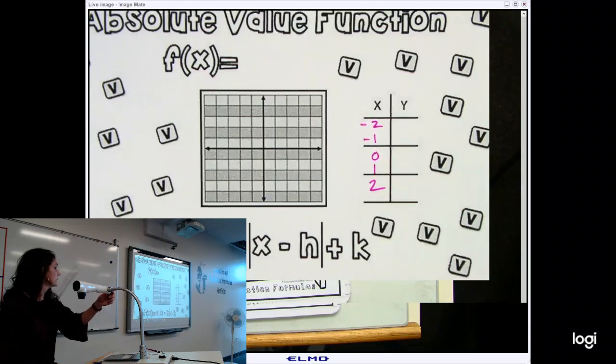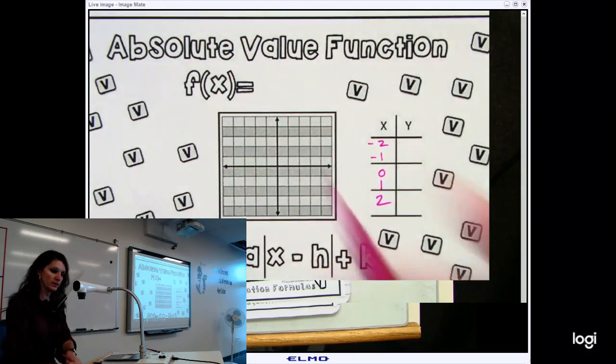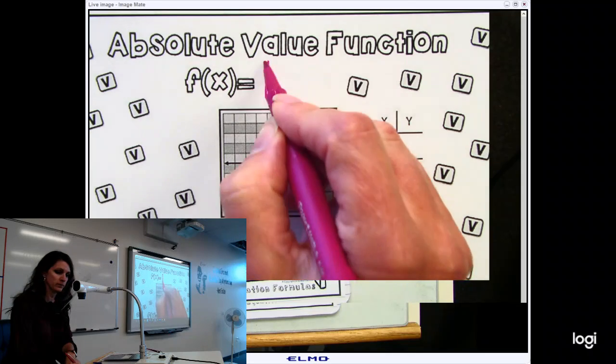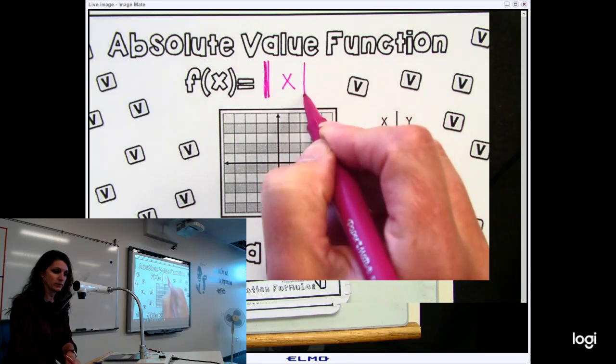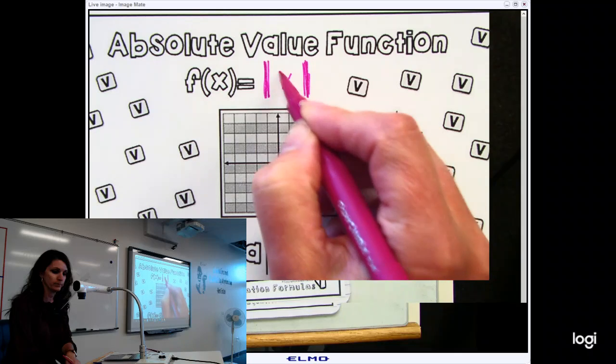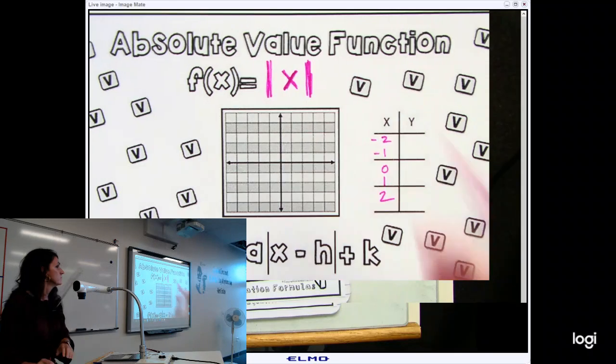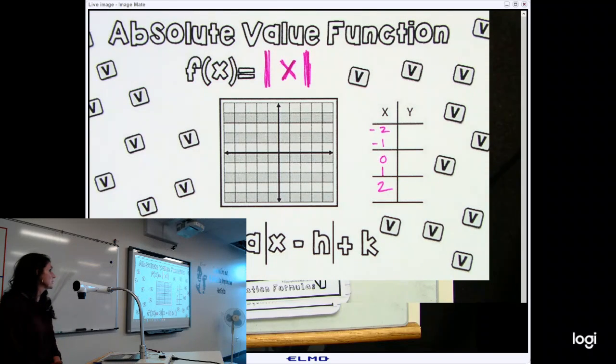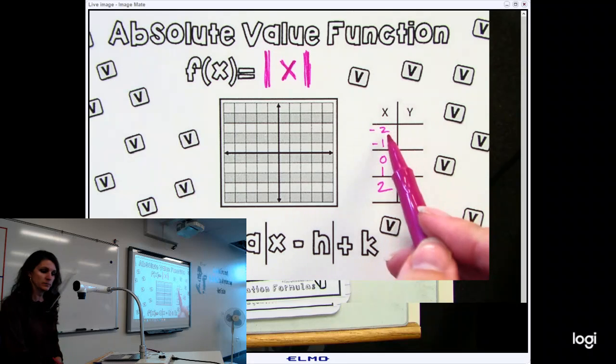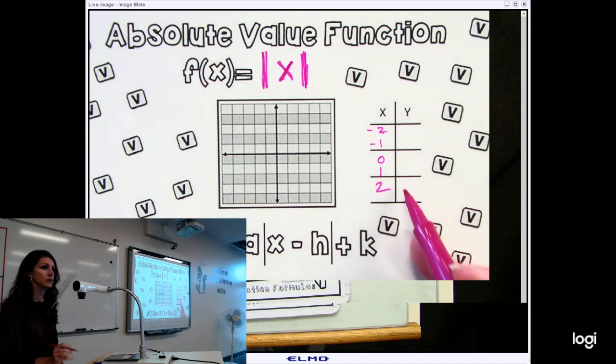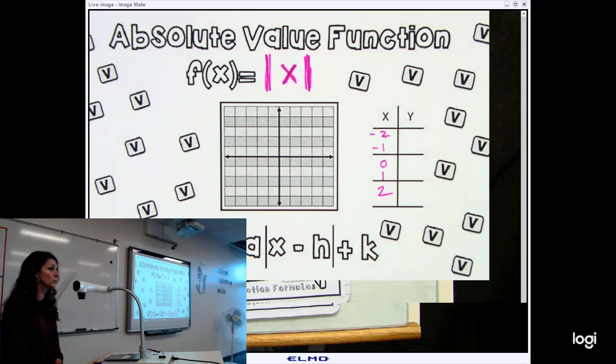All right. So we are doing the absolute value of x. I don't know why that wasn't there. It should have been. So now what I want you to do is plug in each of these values, get your y's, plot your points.